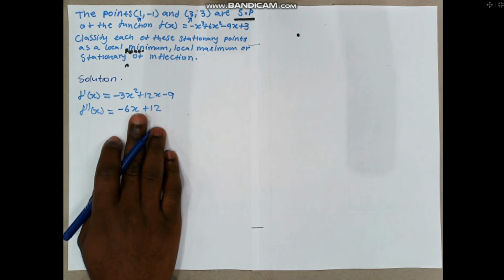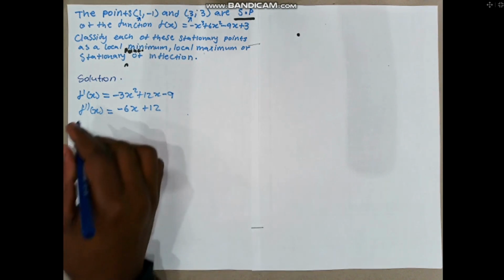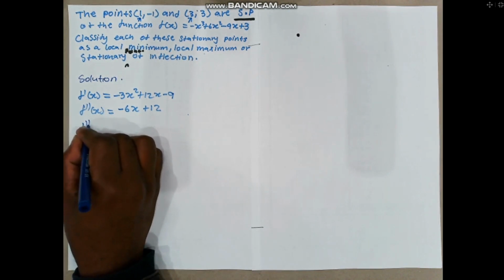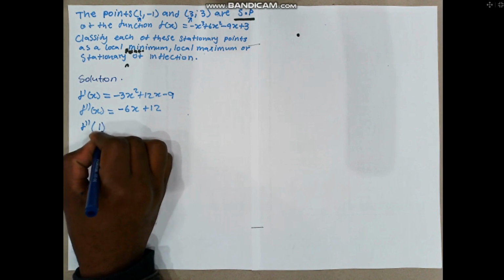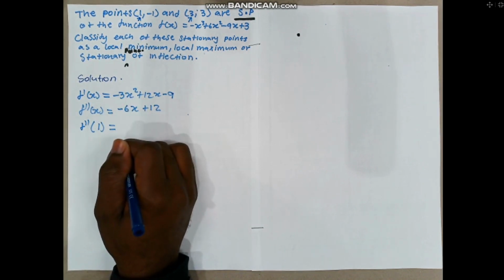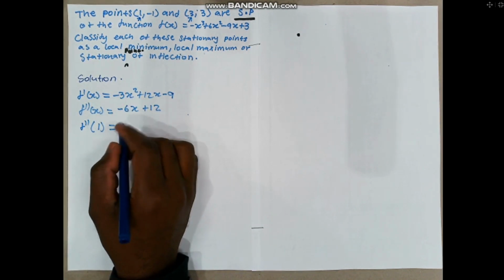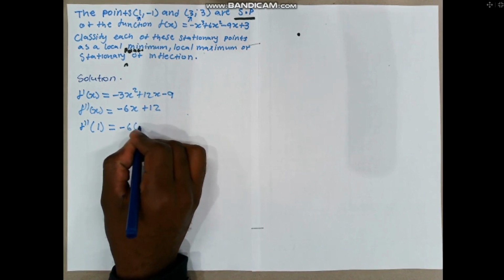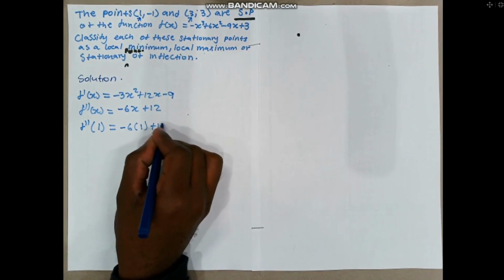Then we can see whether it is a local maximum, a local minimum, or a stationary point of inflection. So substituting in our second derivative, we substitute 1, because 1 is one of our x values in the coordinate: -6 times 1, plus 12.